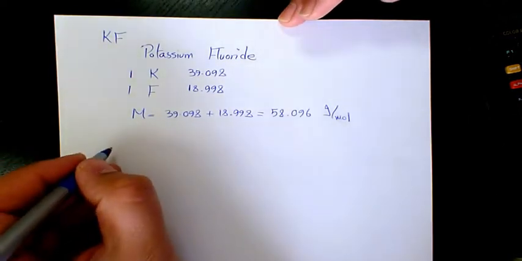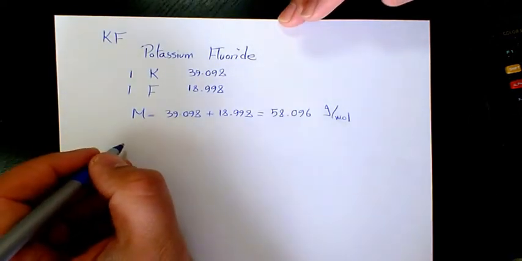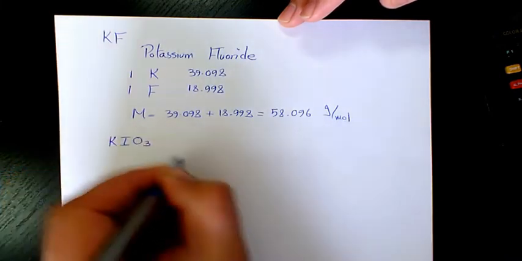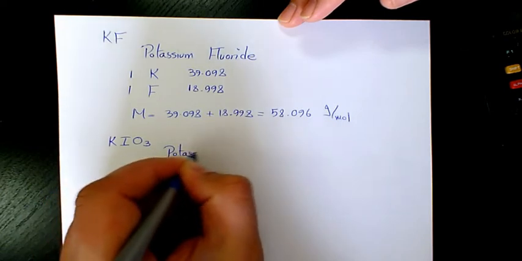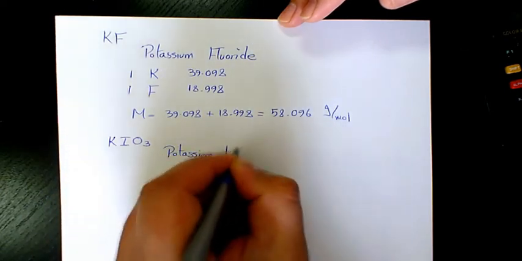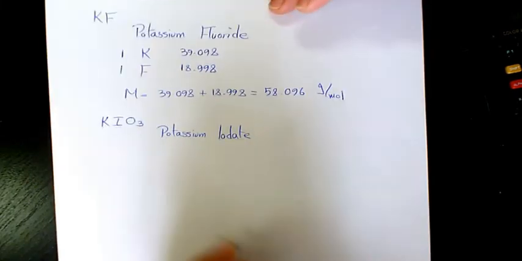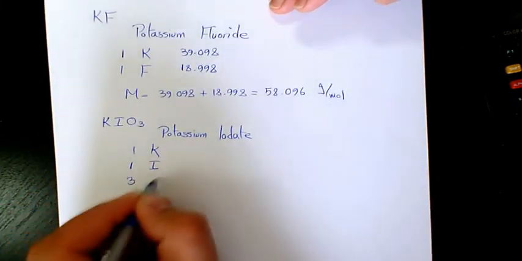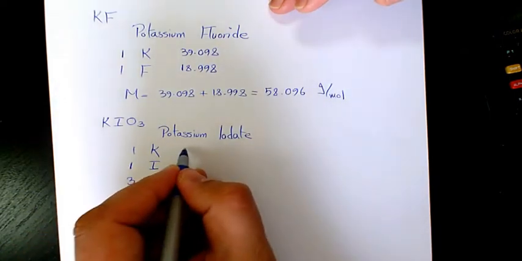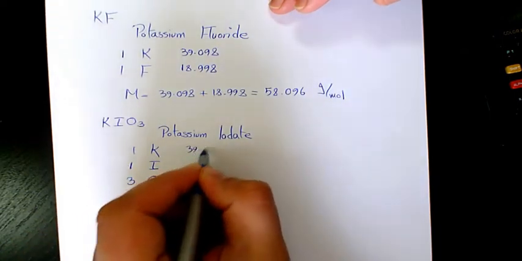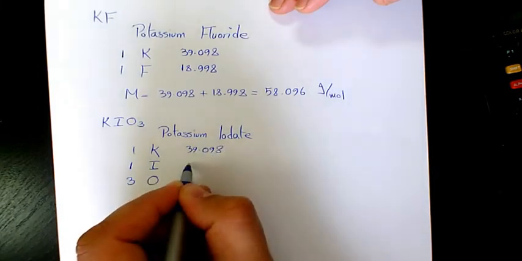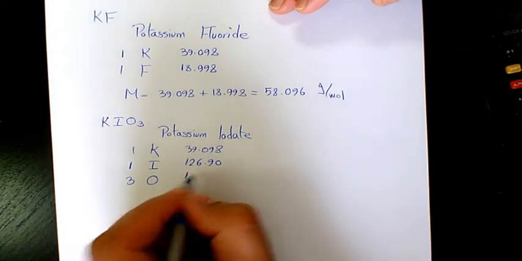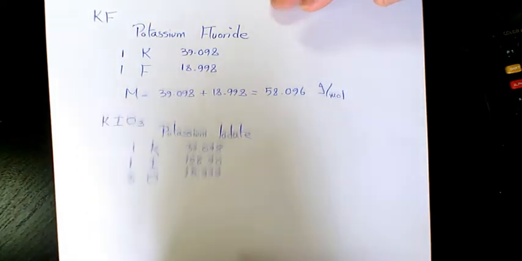Next one is potassium iodate, KIO3. We have 1 atom of potassium, 1 atom of iodine, and 3 atoms of oxygen. Potassium is 39.098, iodine is 126.90, oxygen is 15.999.